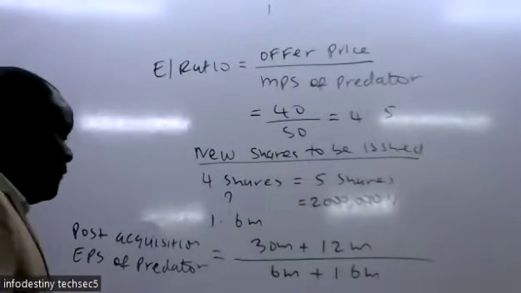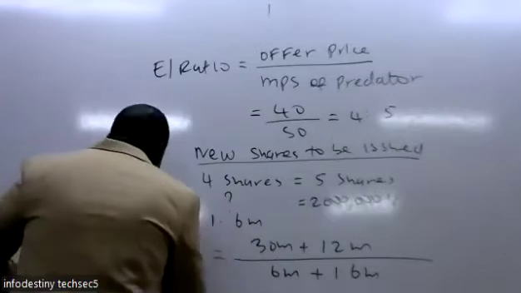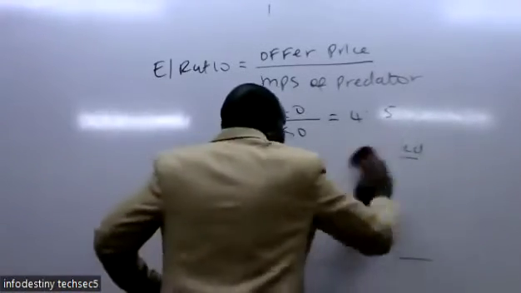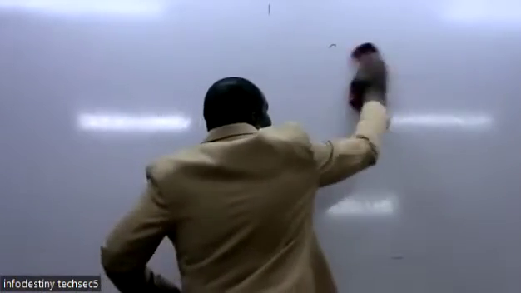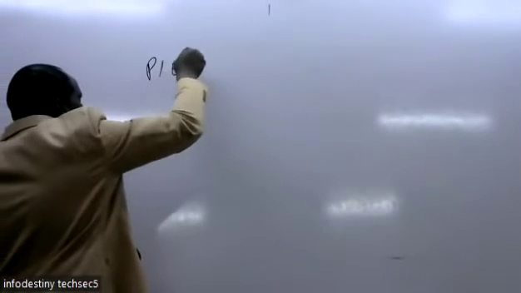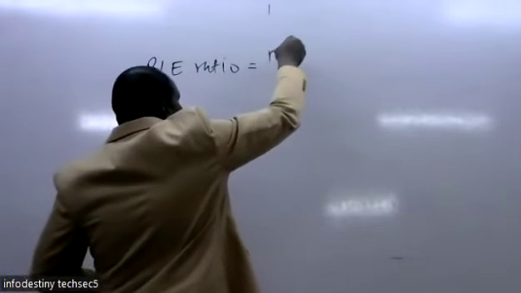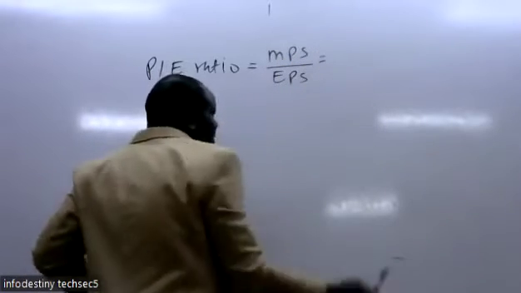We remember the concept of the price earning ratio. The price earning ratio is remaining the same. The price earning ratio is market price per share divided by the earning per share.